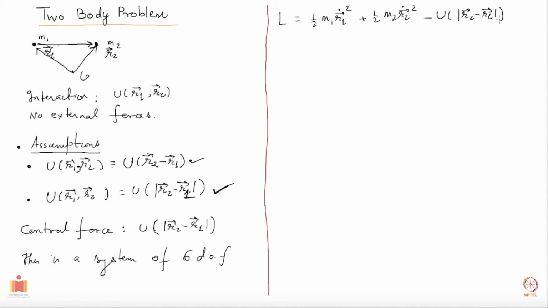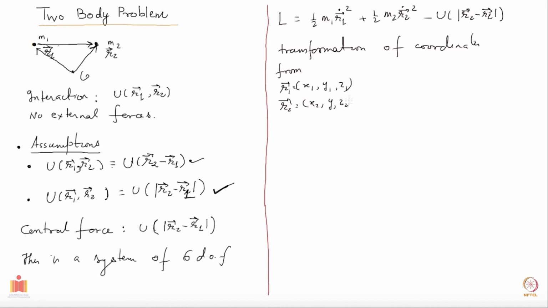down the transformation. So what we want to do is a transformation of coordinates from R1, which I will call x1, y1 and z1, and R2, which is x2, y2 and z2, and from this I want to go to capital R, by which I denote the center of mass, m1 r1 plus m2 r2 over the total mass of this system, which is m1 plus m2, and small r, which is r2 minus r1.